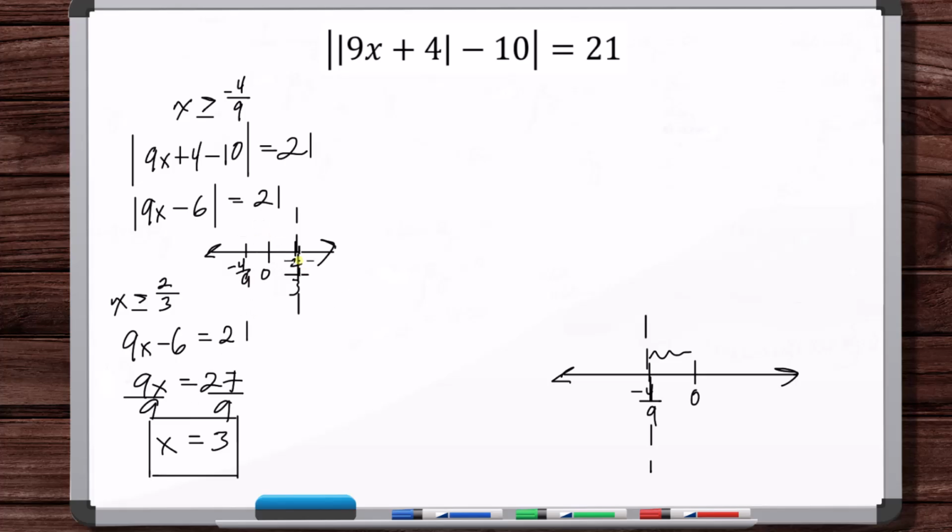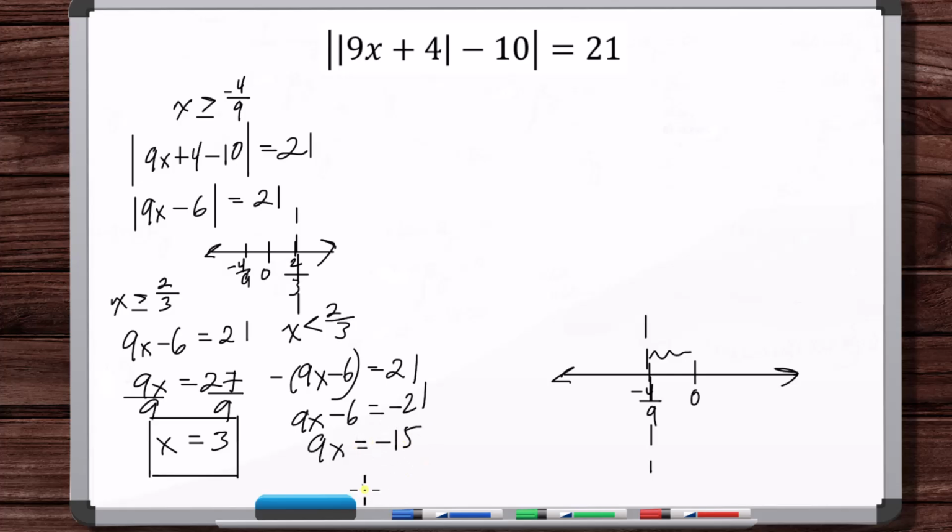Okay, but now we need to do when x is less than 2/3. In this case, 9x minus 6 is always negative, so we do multiplying both sides by -1, adding 6 to both sides. -21 plus 6 is -15.